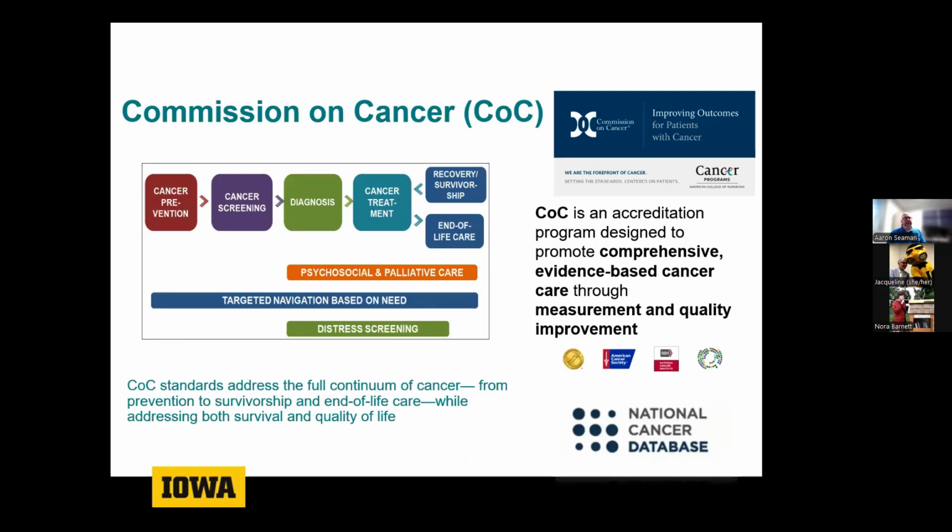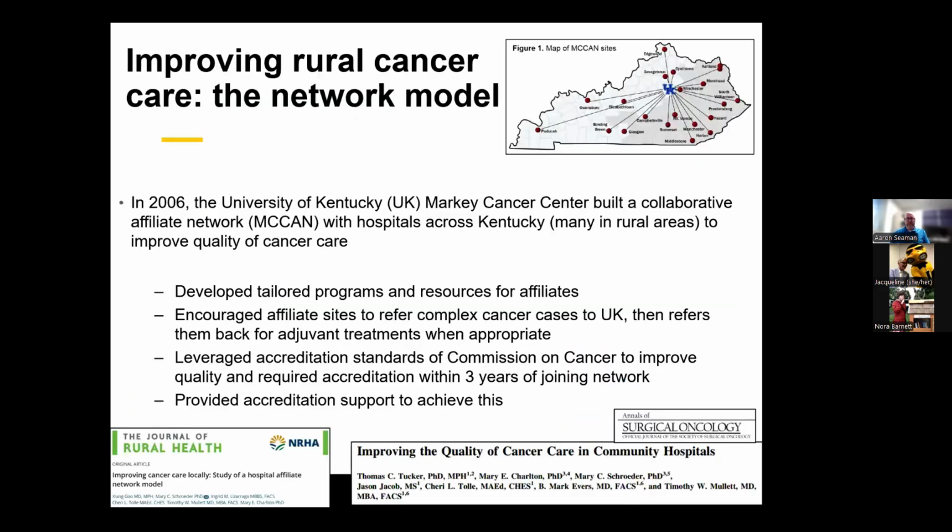The Commission on Cancer standards became a central part because of accreditation. Because if we go back, one of the things that the University of Kentucky Markey Cancer Center did to incentivize participation in the network model was to allow affiliate sites to use their marketing and branding in order to increase their visibility in the community in terms of cancer care and hospital care.